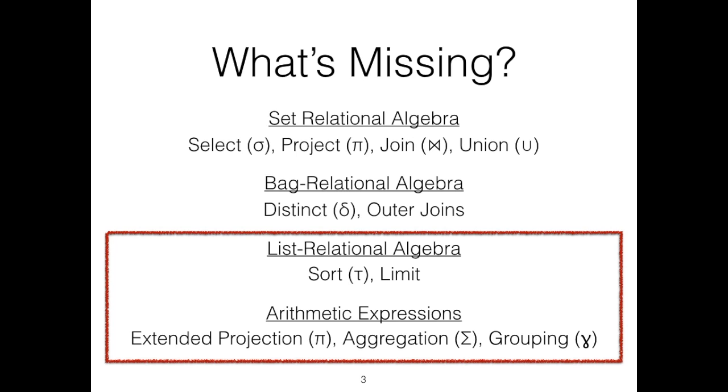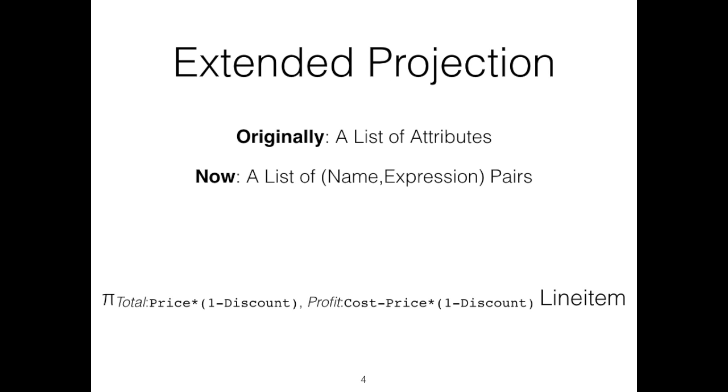Okay. So I'm going to start with what I personally think is one of the simpler operations here, extended projection. So originally, we were talking about projection as being parameterized by a list of attributes.